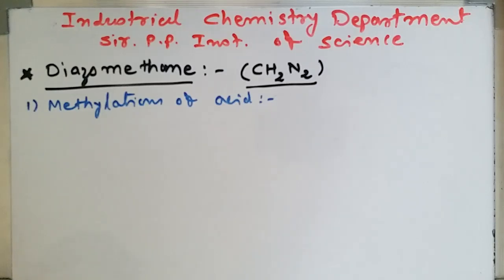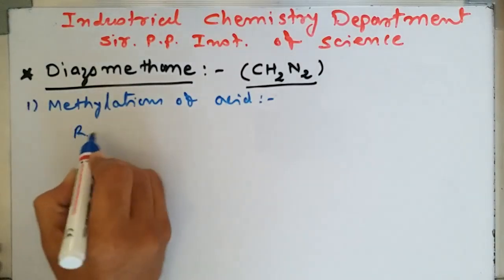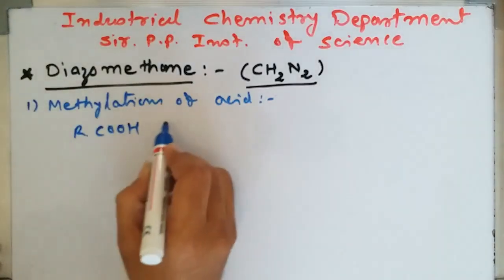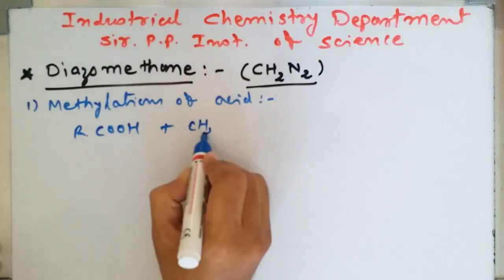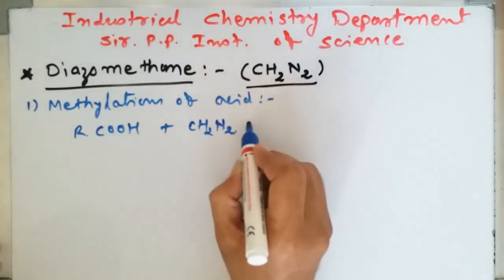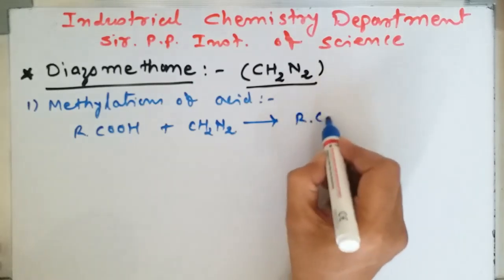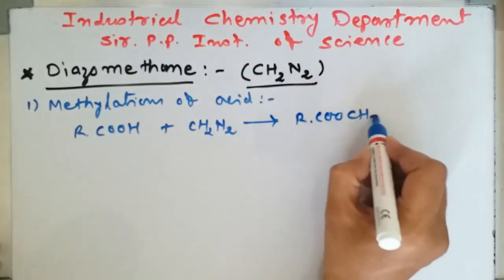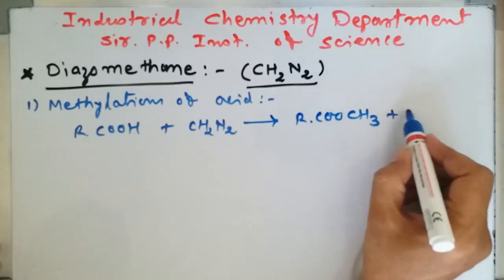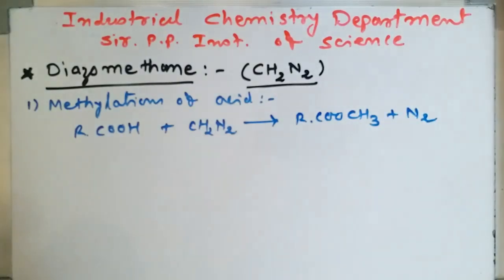We see the carboxylic group: RCOOH treated with diazomethane gives RCOOCH3, with CH3 introduced. So this is methylation of acid.